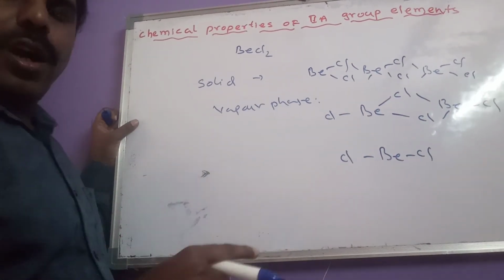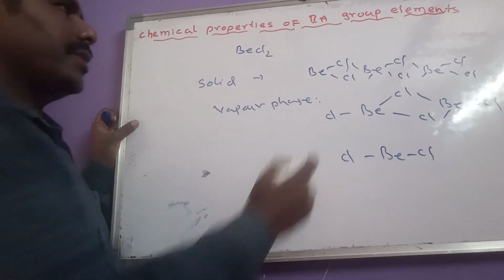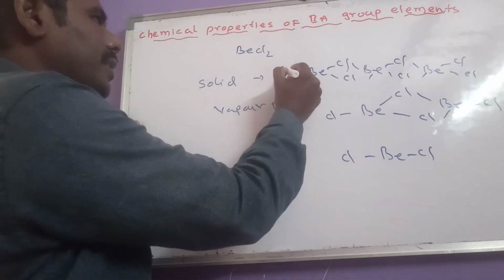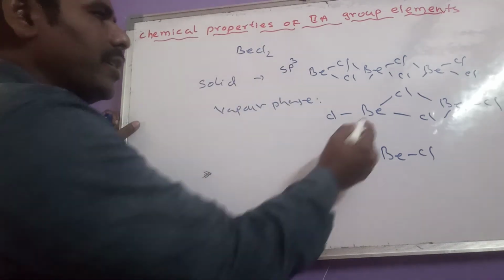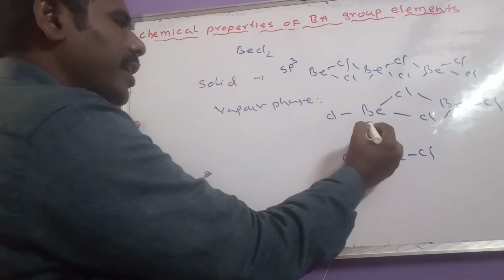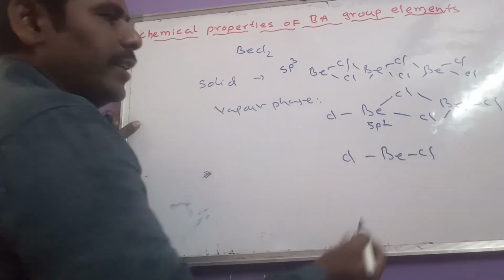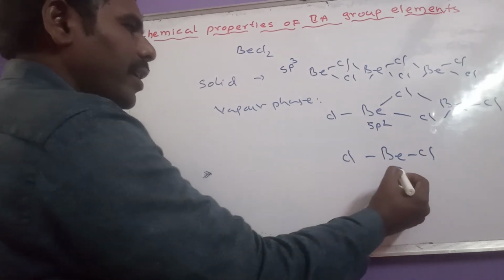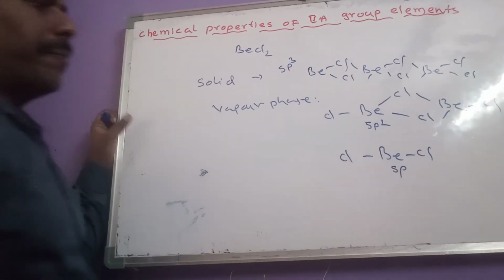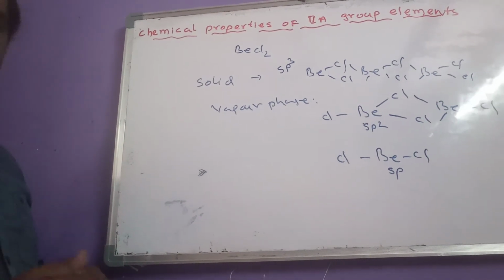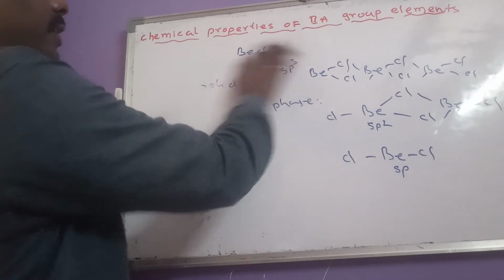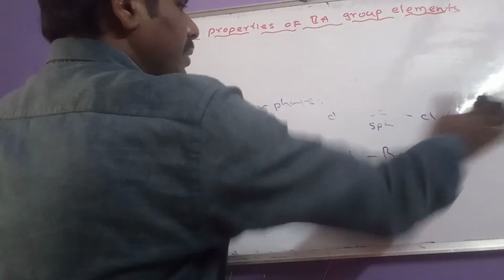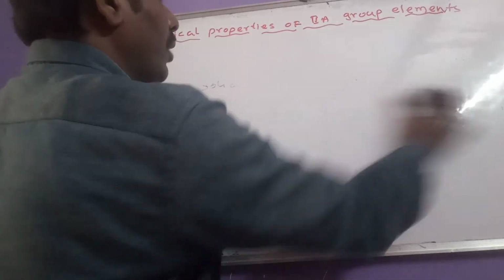And in this we have to remember the hybridizations. In the solid state, beryllium has sp3 hybridization. In the dimeric shape, beryllium undergoes sp2 hybridization. In the monomeric shape, beryllium undergoes sp hybridization. So these we have to remember regarding BeCl2, beryllium chloride.